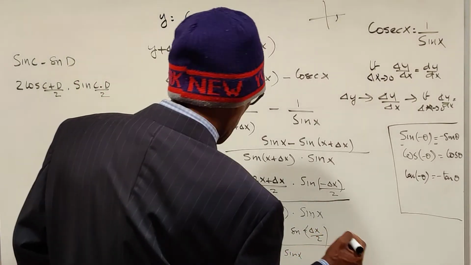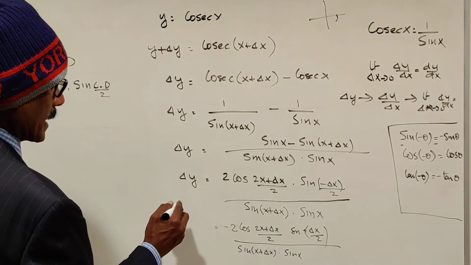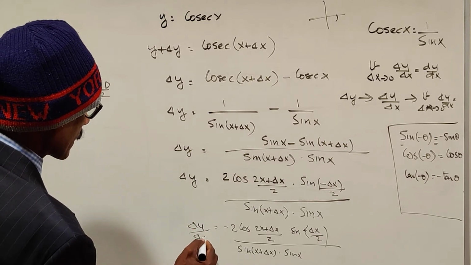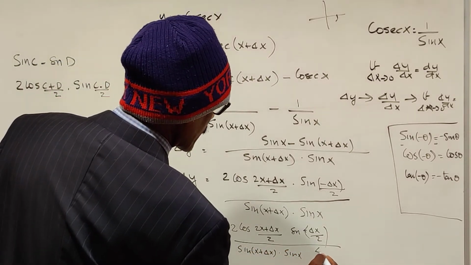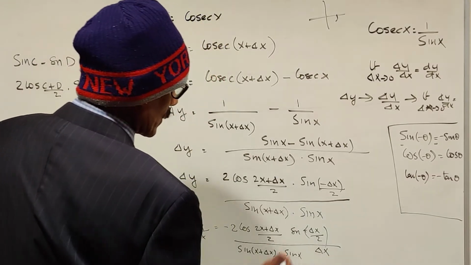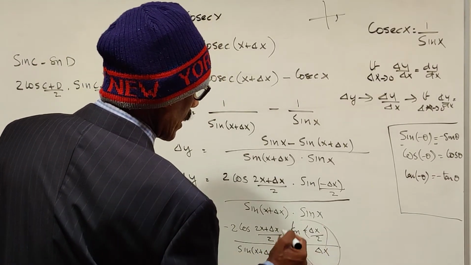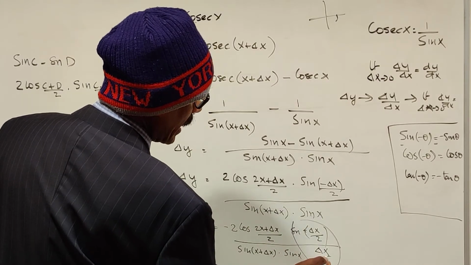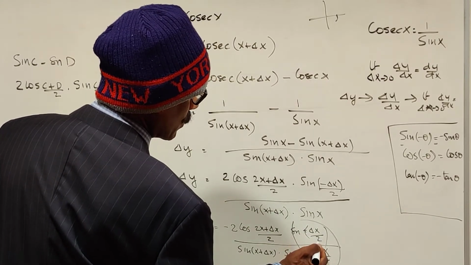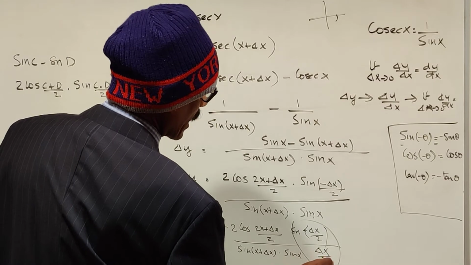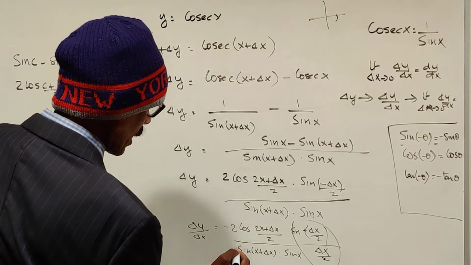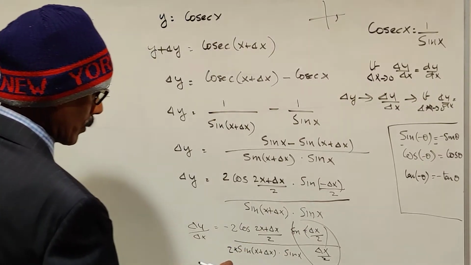Okay, the last step: delta y by delta x. I write delta x here, because this becomes a standard formula when the angles are the same. I divide by 2 because of delta x by 2, so the value changed and I need to multiply by 2 in the denominator.